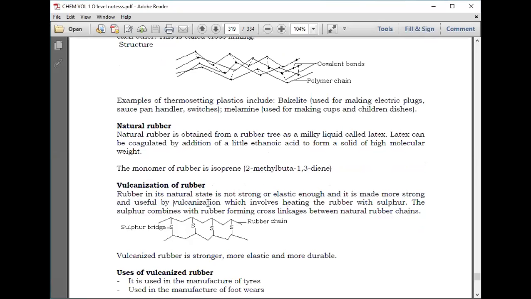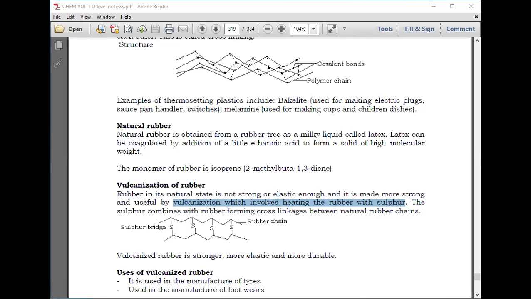I repeat, vulcanization is the process of heating rubber with sulfur.